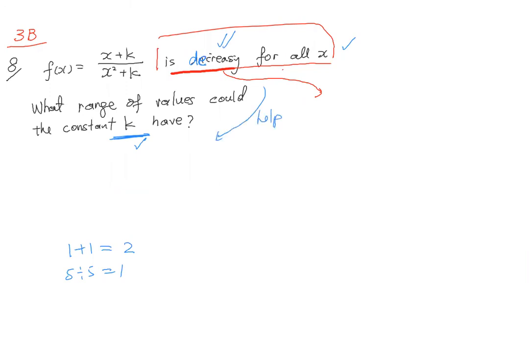So draw the sign diagram. Sign diagram of what? F prime x. If you want to draw the sign diagram of f prime x, what must you do first? Find the derivative. So you see, in the exam, when you see a question, you have to ask yourself like that.